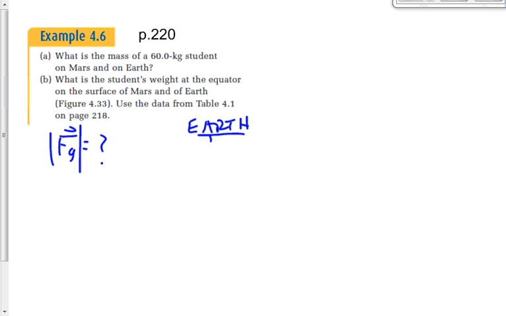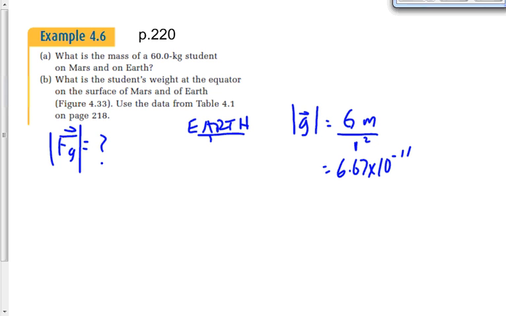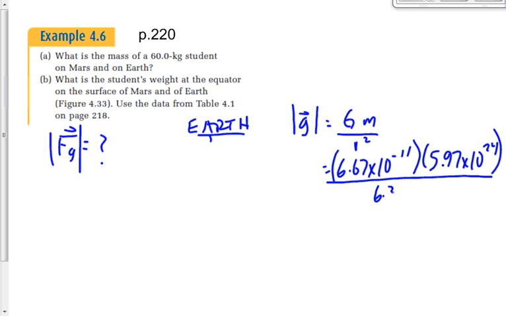The gravitational field produced by the Earth is equal to GM over r squared. That's 6.67 times 10 to the minus 11, the mass of the Earth was 5.97 times 10 to the 24, and the radius of the Earth was 6.38 times 10 to the 6. And I think when we did that, we got 9.78.